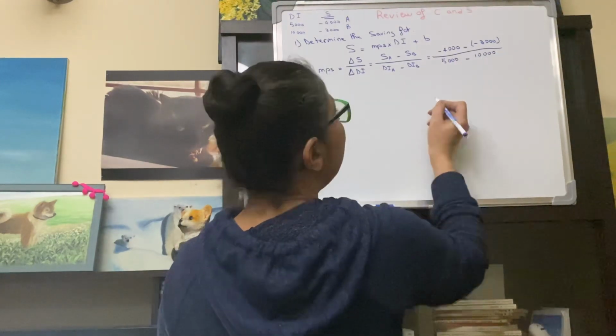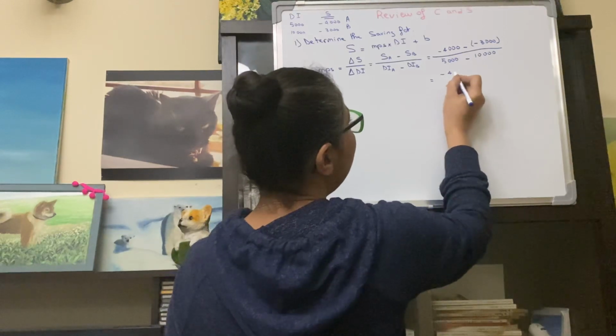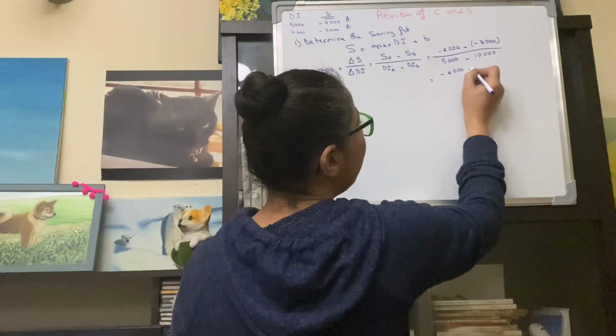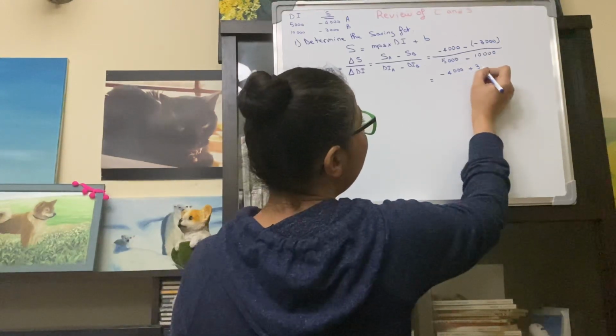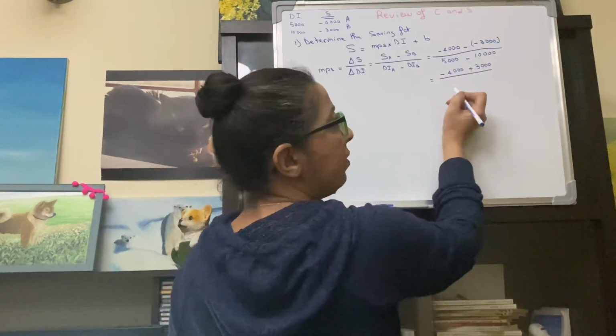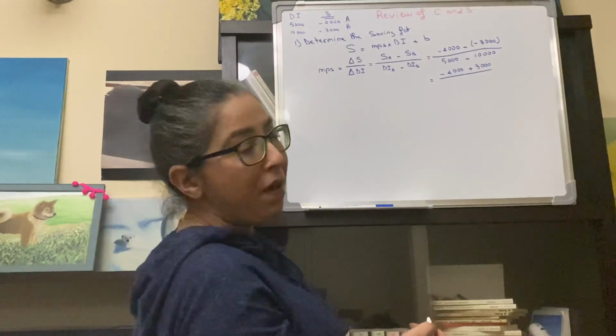Okay, let's see what it gives us. Minus 4,000, minus minus becomes plus 3,000, over 5,000 minus 10,000 is going to give us minus 5,000.